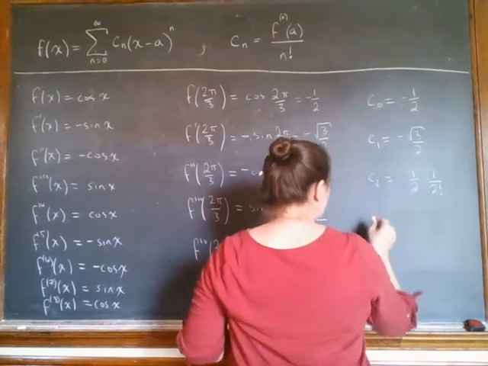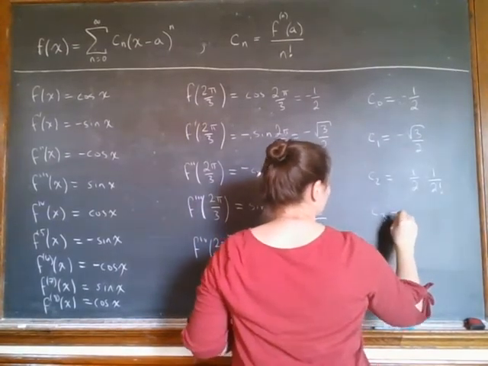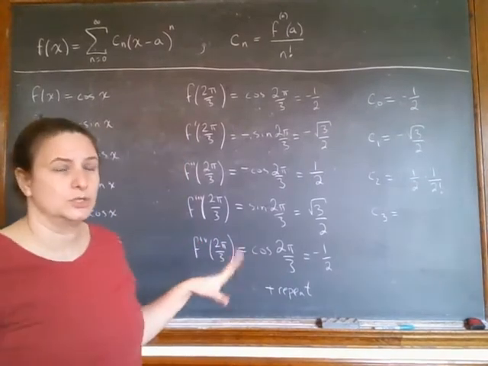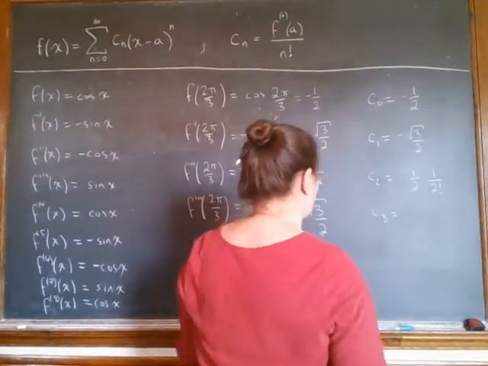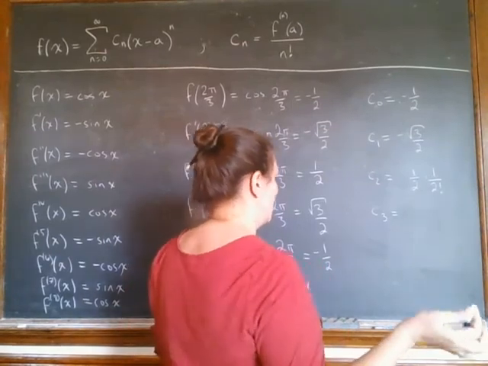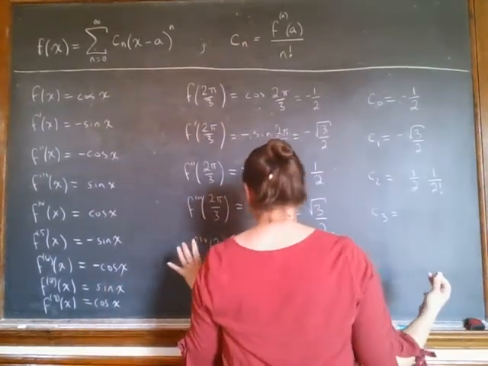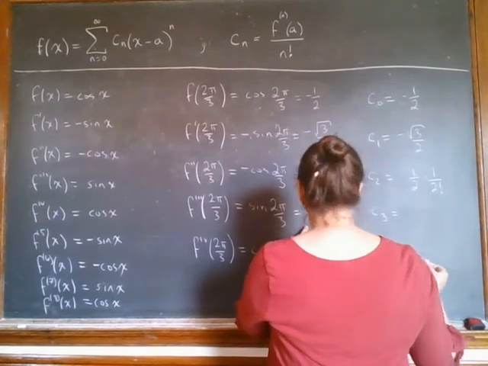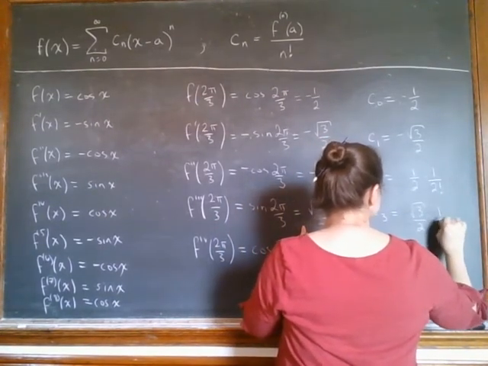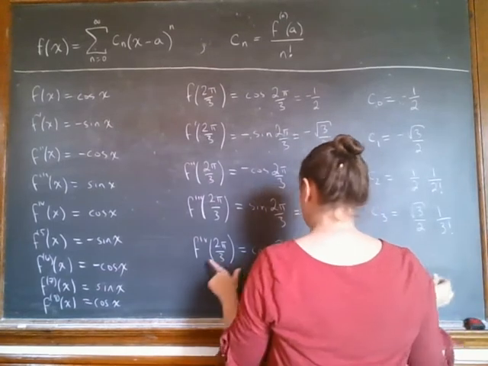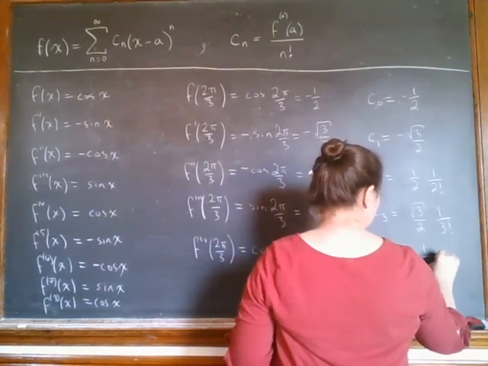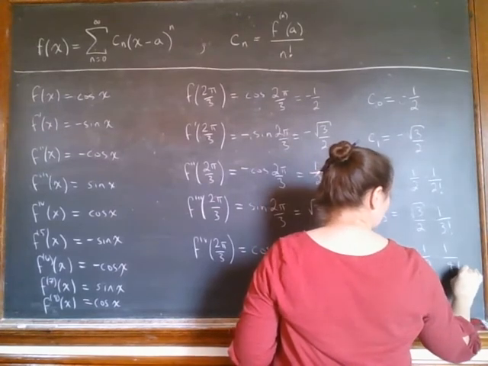And by the way, it's just a good plan when you're doing these not to work out the numbers because it looks all gross if you're going to try to make an nth term formula. The last thing you want is to be multiplying stuff out because you'll never see the pattern. And then C4 is going to be negative 1/2 times 1 over 4 factorial.